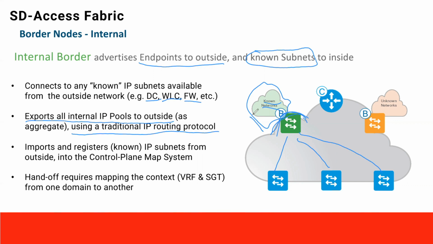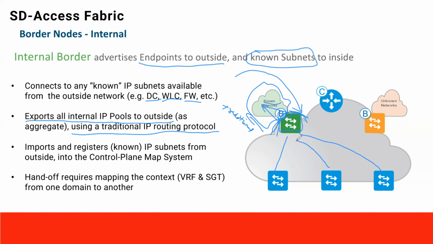So obviously outside it will be traditional. You can't take this SDA fabric everywhere because it exits the campus. You need to do traditional routing with this border node, so that it establishes communication with the known networks and you can send the data traffic in and out.